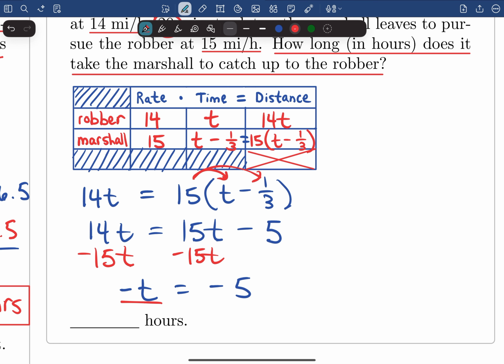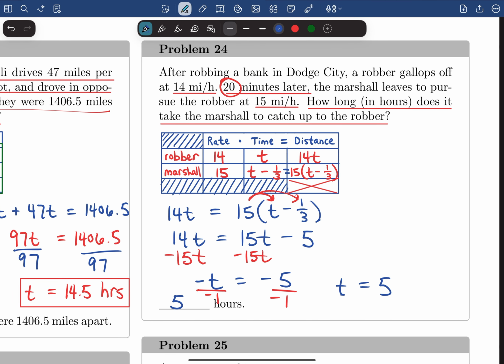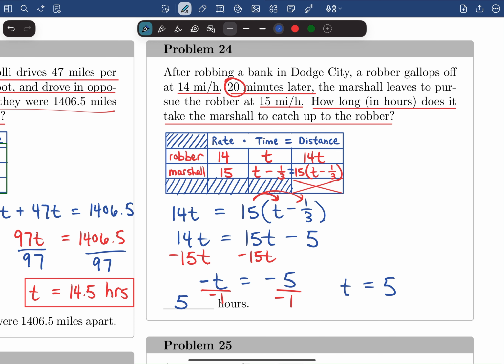Now we need to solve for t, so I divide by negative 1 across the equation, and I find that t equals 5. So it should take 5 hours for the marshal to catch up with the robber if the robber had a 20-minute head start and the marshal was going 1 mile per hour faster than the robber.